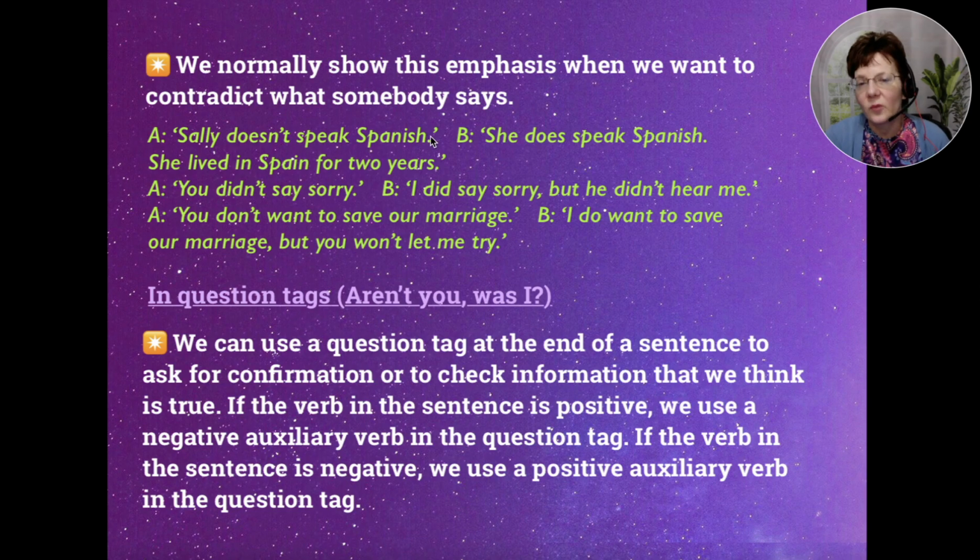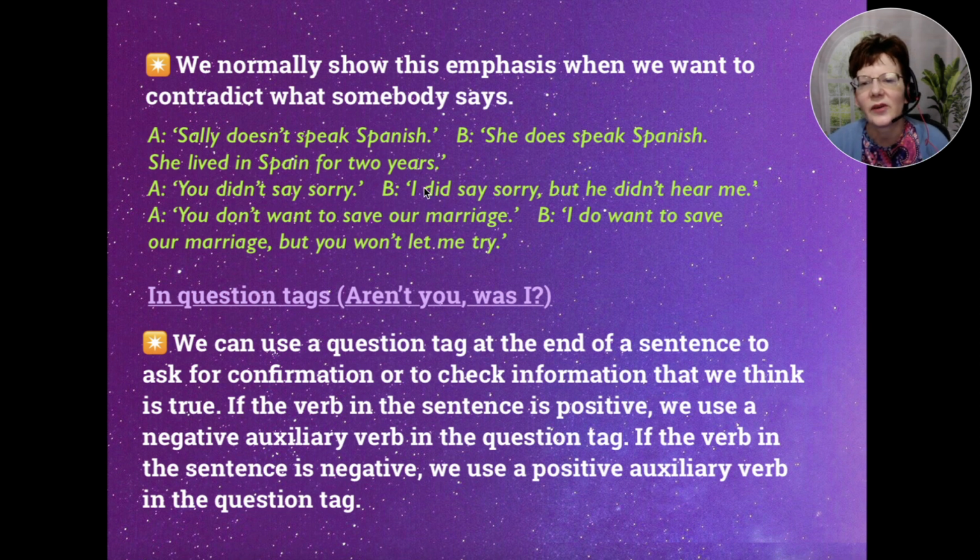All right. We normally show this emphasis when we want to contradict what someone says. So, for example, Sally doesn't speak Spanish. She does speak Spanish. She lived in Spain for 2 years. And then this other one: You didn't say sorry. I did say sorry, but he didn't hear me.